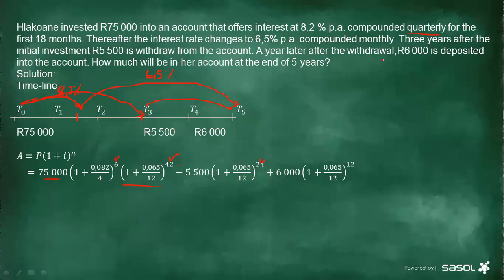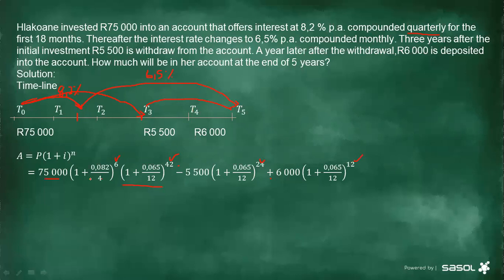And a year later, after the withdrawal, 6,000 is deposited into the account, hence you see positive 6,000 times 1 plus 0.065 over 12. From T4 to T5 is 1 year, so it's 1 times 12, and you get 12.